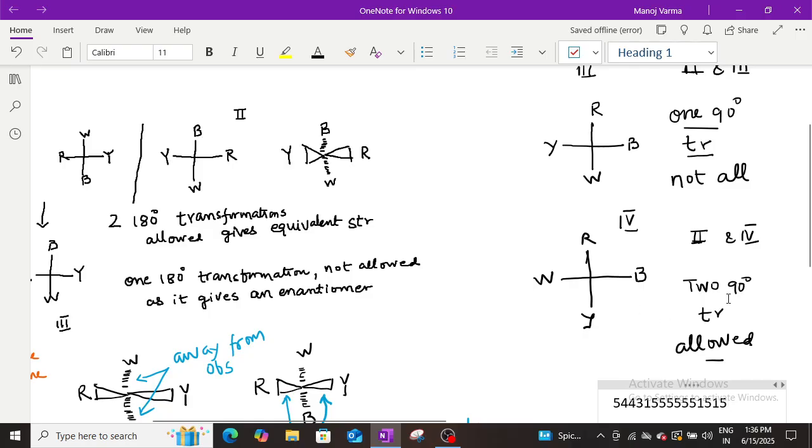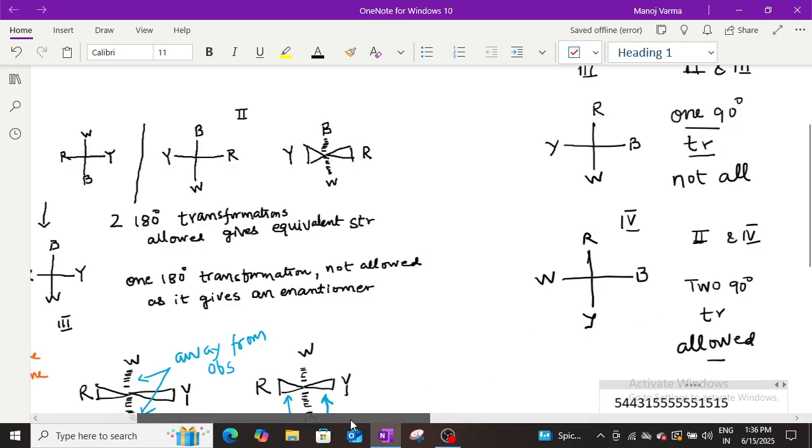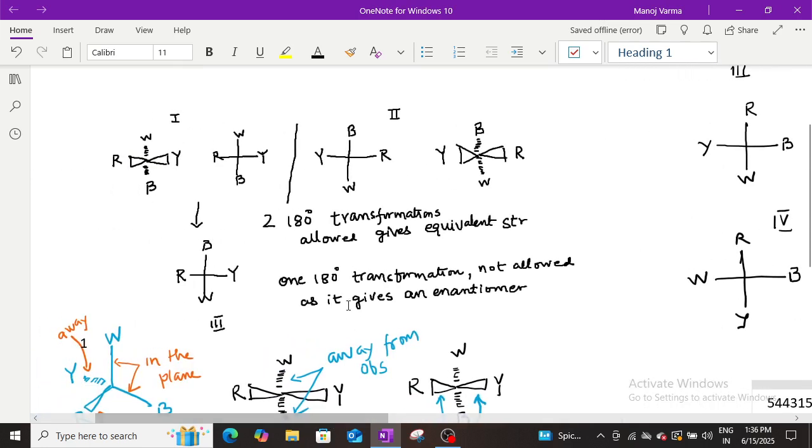If you do two 90-degree transformations, then that is allowed, and that gives you the same equivalent structure. So hope you understood the concept behind the Fischer projections and the different transformations, and how to recognize which transformations are allowed, giving you the same equivalent structures, and which transformations actually give you a non-equivalent structure.